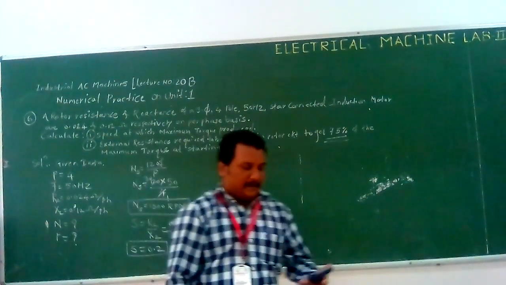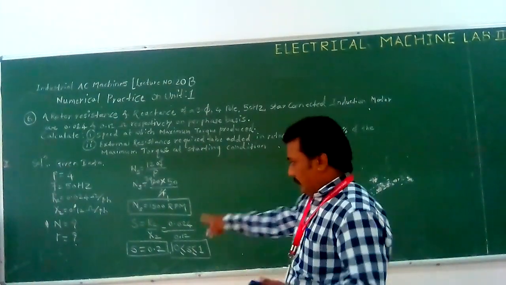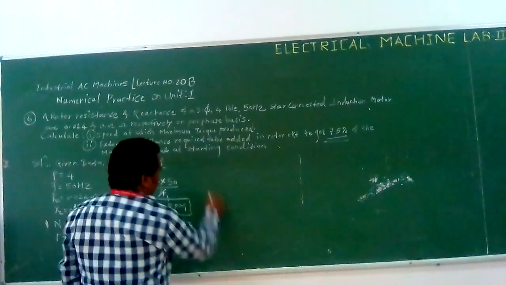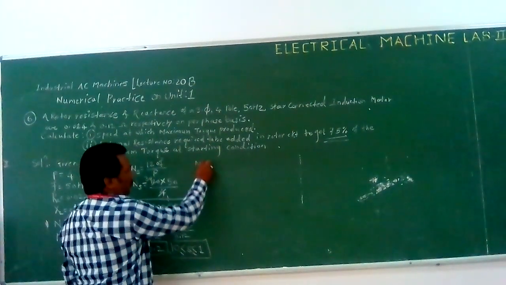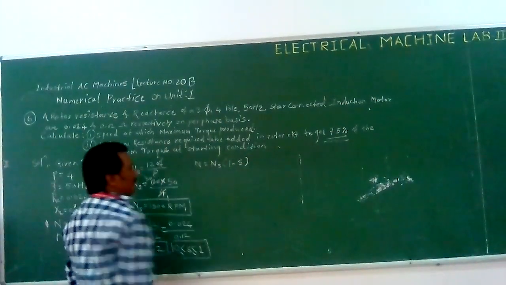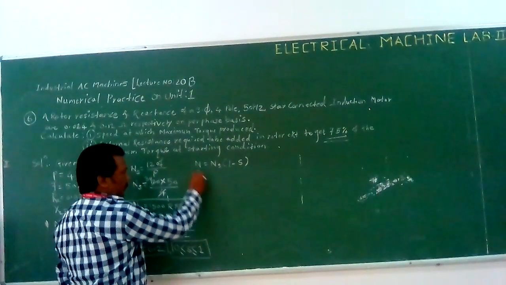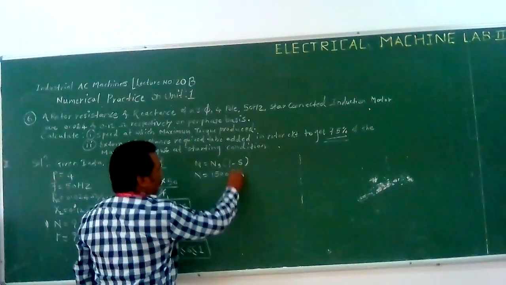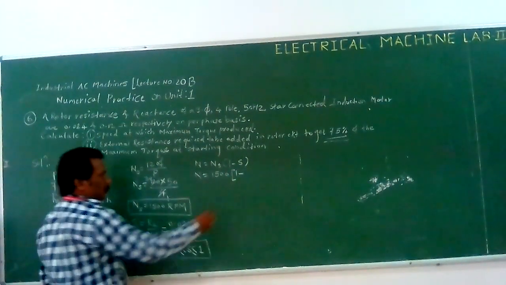This is the standard domain of an induction motor during forward motoring. Using the Ns and s formula, we may calculate the actual speed. N is equal to Ns times (1 minus s). N is the unknown quantity, Ns is 1500 rpm, and slip is 0.2.